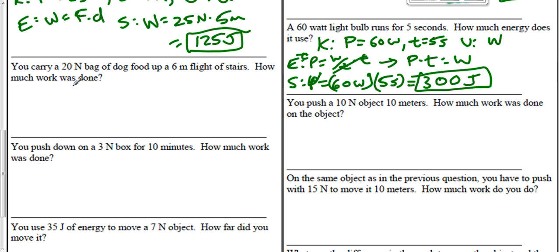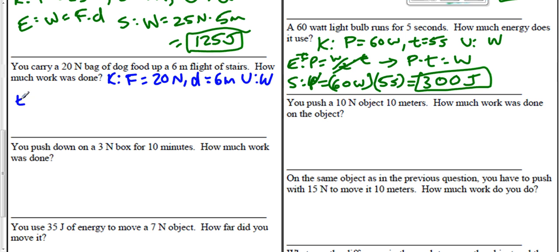All right, next one. You carry a 20 Newton bag of dog food up a 6-meter flight of stairs. How much work was done? Okay, so we're carrying the 20 Newton bag of dog food up a 6-meter flight of stairs. So our known is going to be force equals 20 newtons, our distance 6 meters, and our unknown is work.